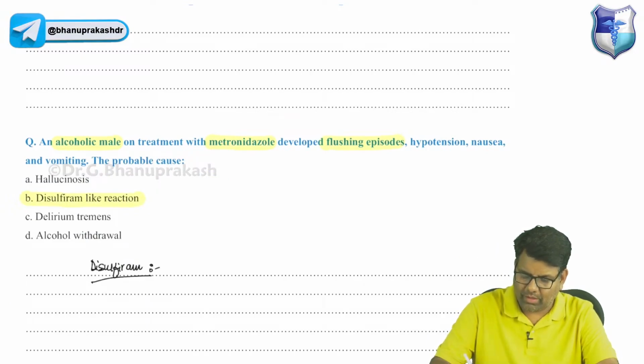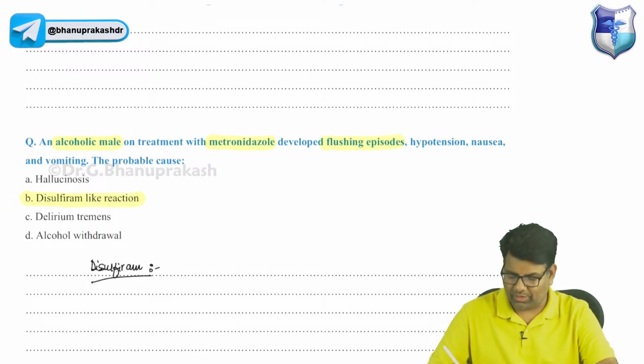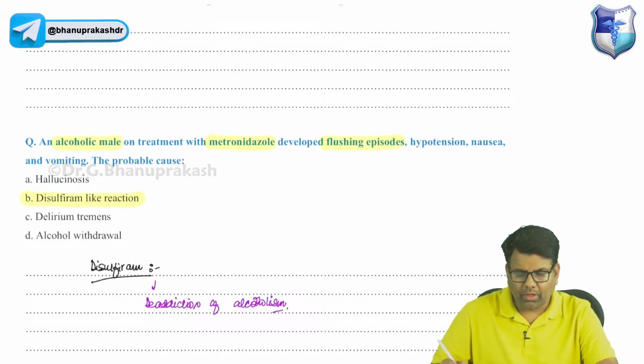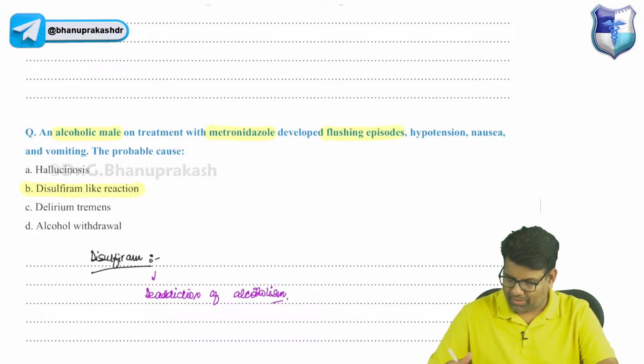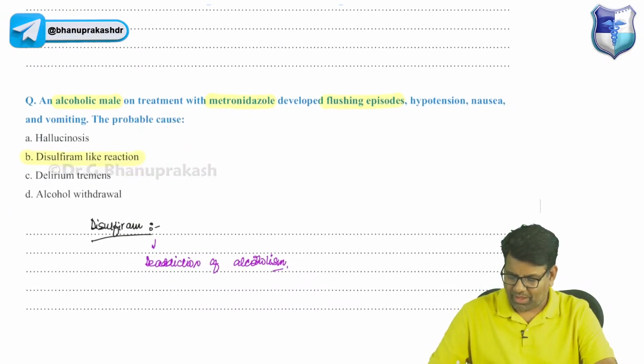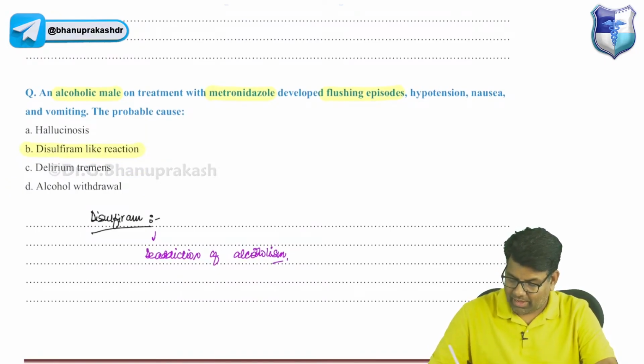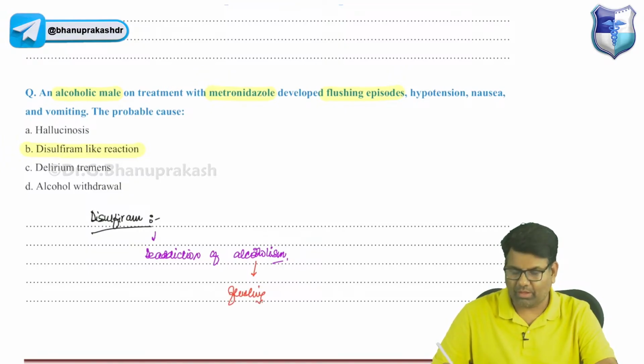This disulfiram is given for de-addiction of alcoholism, and if the patient is taking disulfiram and consumes alcohol at the same time, there will be severe reaction in the form of flushing.